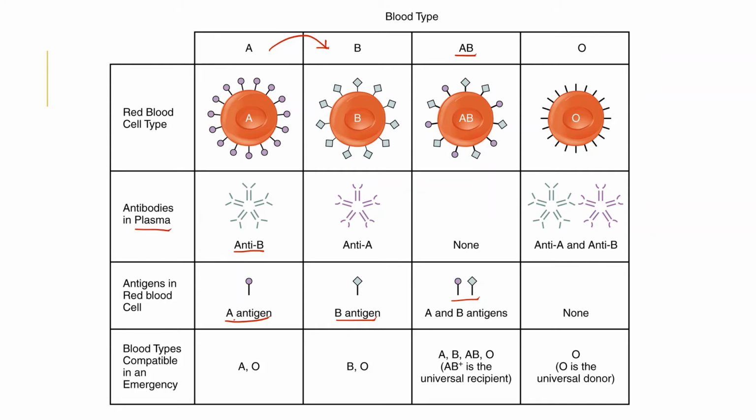The person who has blood group B will have antibody A in his plasma. The person who has blood group AB doesn't show presence of any antibody. There is no antibody at all. Whereas the person who has blood group O doesn't show any antigen, no antigen at all, but shows presence of both the antibodies.